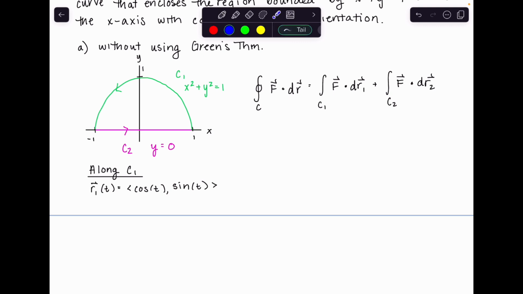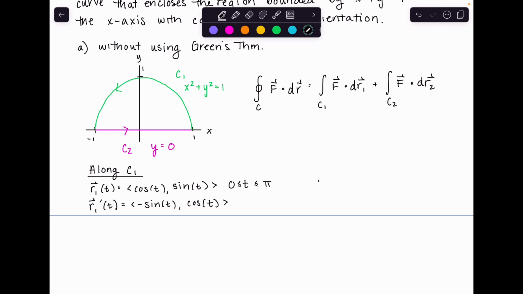And then I only want this top half, so my t value is going to range from 0 to pi. Then I need to take this derivative, which results in r1 prime of t equals ⟨negative sine of t, positive cosine of t⟩.